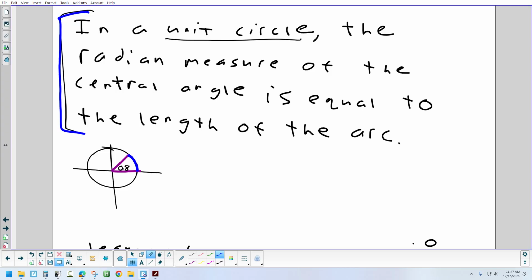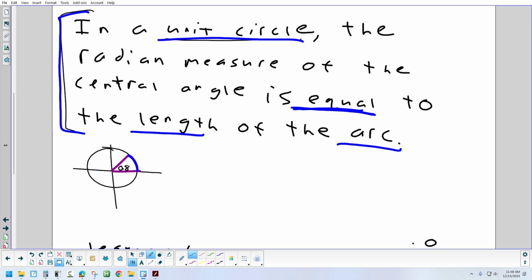Because the size of the angle is equal to the length of the arc. So if that's 0.8 radians, that arc is 0.8 units, whatever the unit is, inches, centimeters, depends on what you used. What if this angle was 1.2 radians? What would be the size of this arc? 1.2. If this angle was 5.3 radians, this arc would be 5.3 units. The angle size and the arc size are always equal to each other on the unit circle.